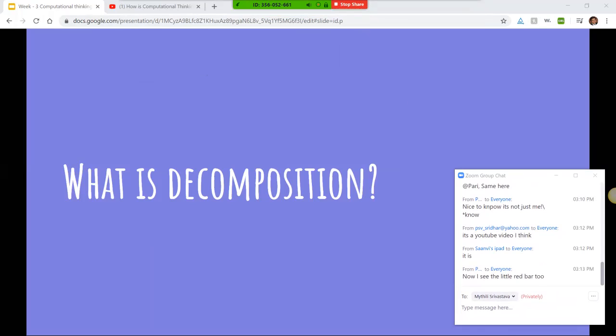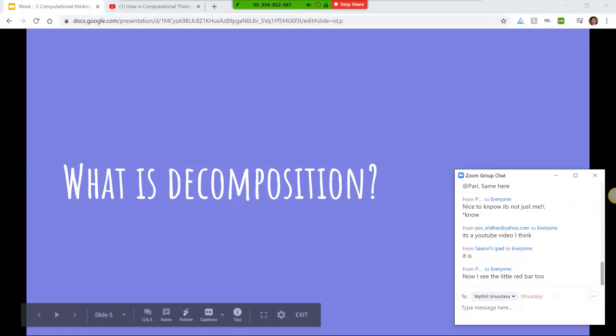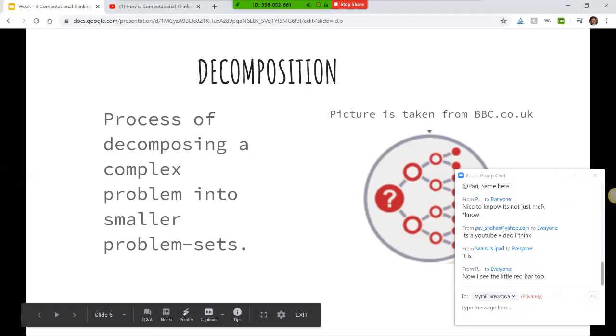It's easier to do it one step at a time. Right. What we're trying to do is make it manageable. If the problem is too complex, it's not manageable. You cannot handle it. So we're trying to bring it to a manageable chunk, a manageable problem set, so you can easily solve it, and then you can put it together. That is decomposition. It's a process of decomposing a complex problem into smaller problem sets.